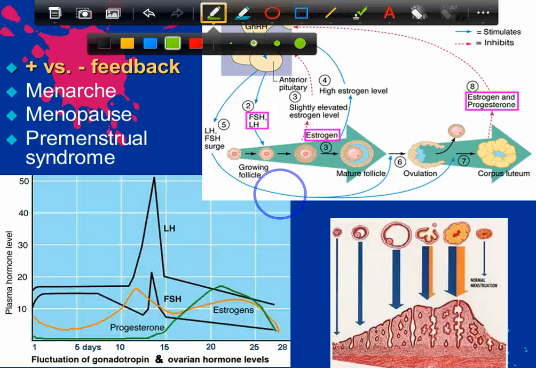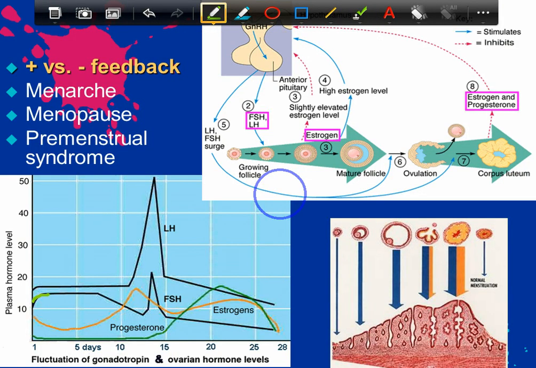So here's day 1 of the menstrual cycle. It goes up. Notice that it's high at the first time period of the menstrual cycle. That's the menstrual phase. It's driving the maturation of the follicles and the oogenesis right in that period of time.